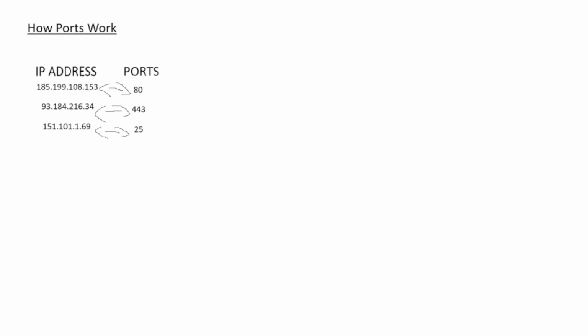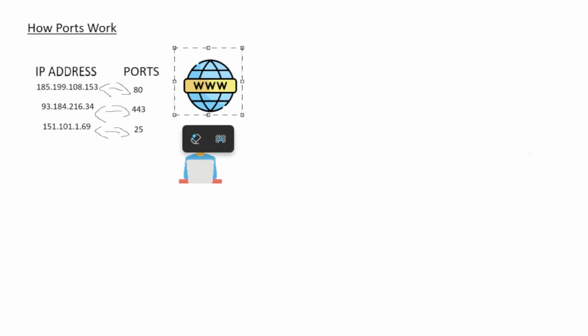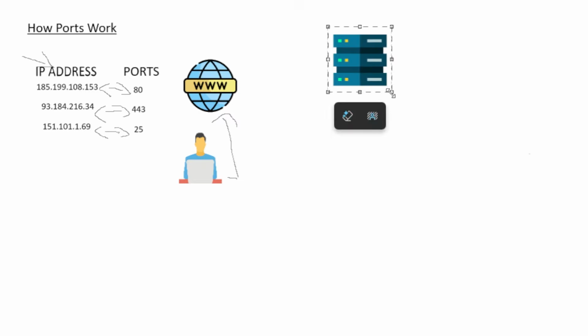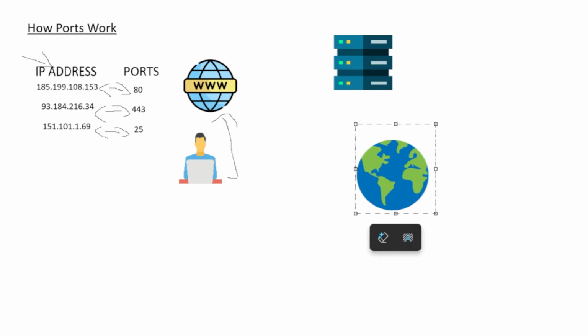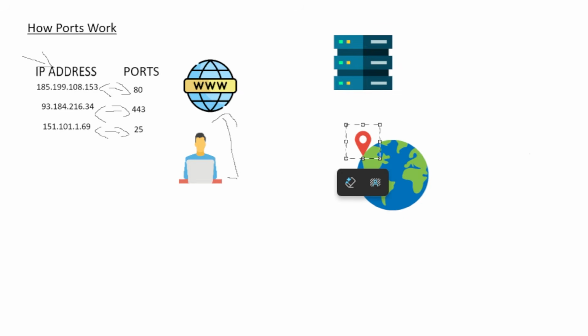Let's look at an example now. This is Paul. He wants to visit a website. To do that, he first needs the IP address of the server hosting it. The IP address tells the geographical location of that server. Let's use this IP and port number as an example.